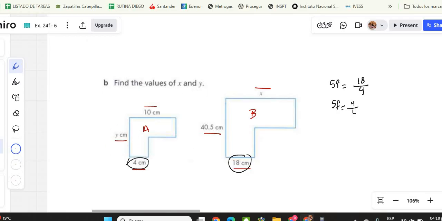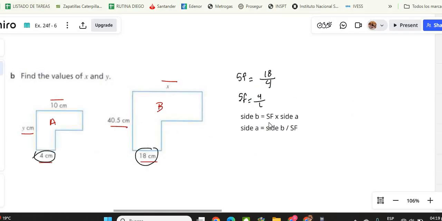We know that the length of side B in the second shape is equal to the scale factor multiplied by side A. And we know that the length in the first shape, side A, is equal to the length of side B divided by the scale factor. Now, y here is in shape A, so I will be using this one.